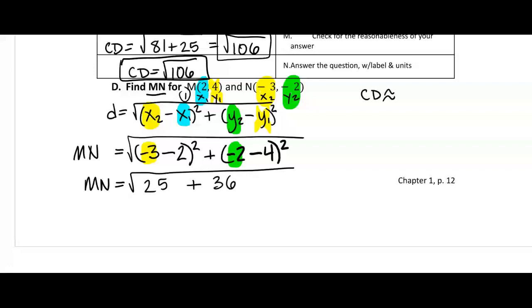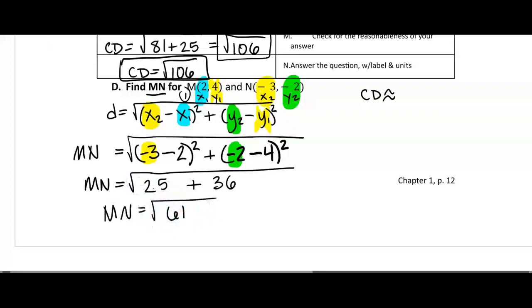Remember, no negatives once our squares are done. So mn equals 25 plus 36 is 61. And 61 is prime, so there are no simplifications to be done here.